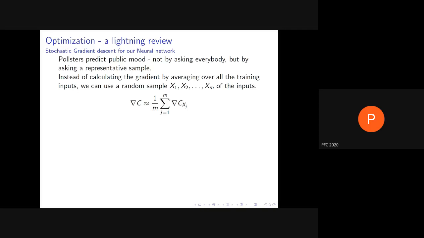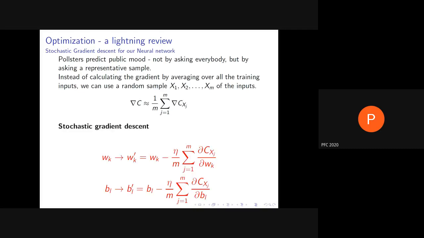Remember, the gradient of C is the real average of all of them, but if you take a big enough number and average them, then it's going to give you a good enough indication. So this is how stochastic gradient descent works. Instead of del C del WK, what you have is del C Xj, capital Xj, del WK. You're summing that up over all the M and dividing by M.